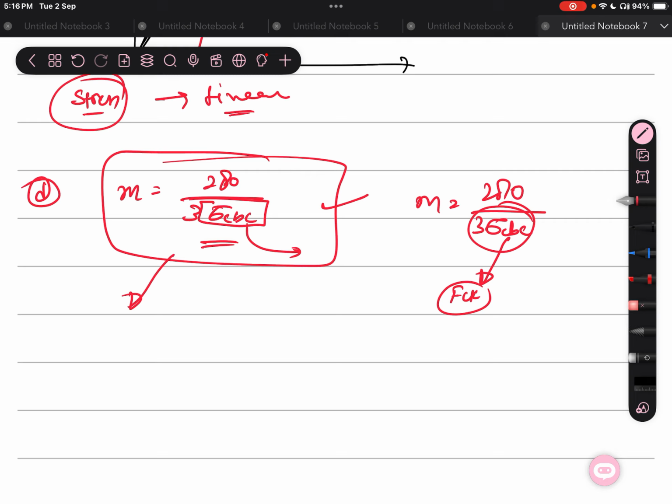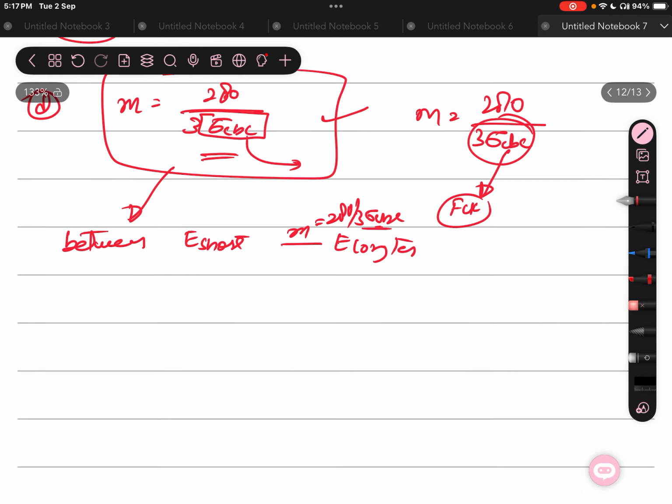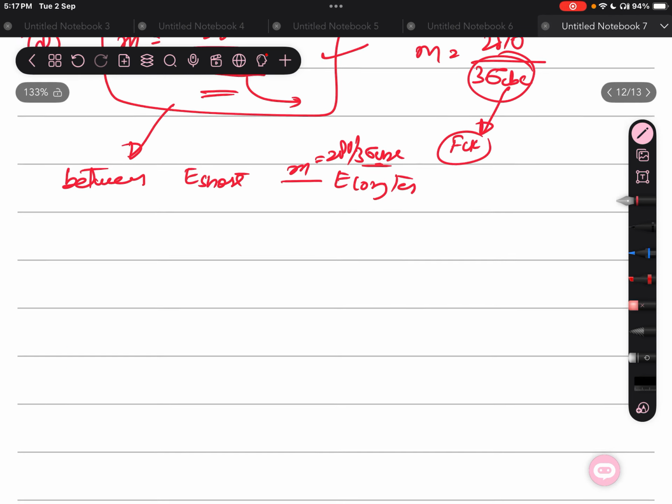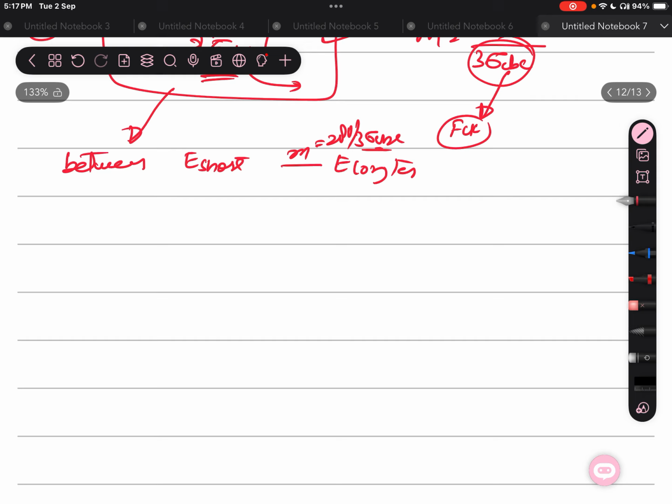It gives the value between short term and long term.